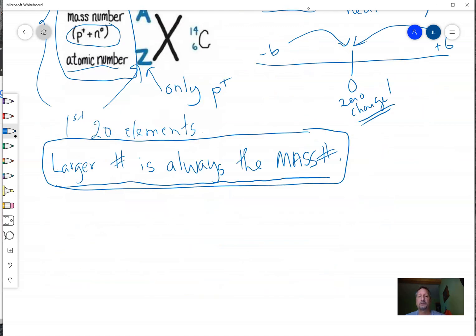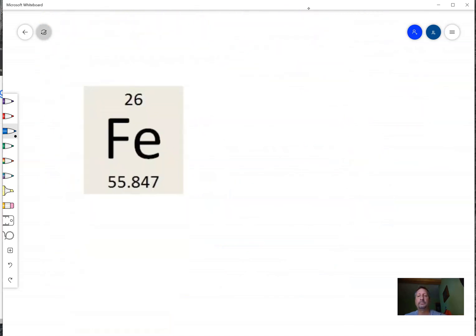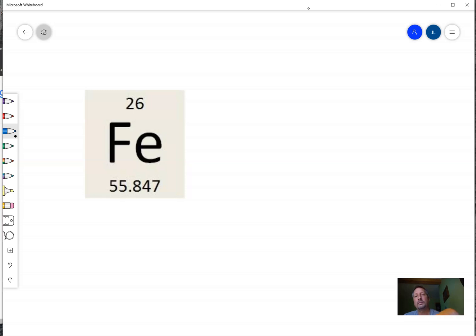So, here's an element. It's a bit bigger. Same thing, though. If this is the larger number, what does that represent? I'll give you 3 seconds. That was longer than 3 seconds.